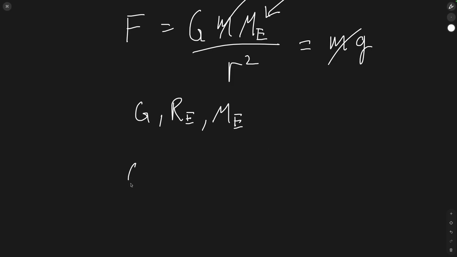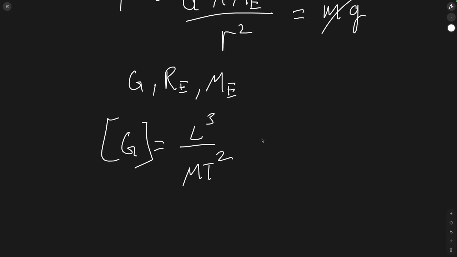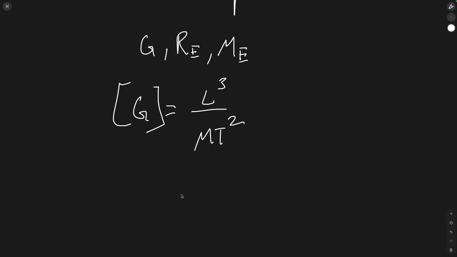All right, now let's do a walkthrough of the solution. So the units of G are, as we found earlier, L cubed over m t squared. So let's use that.